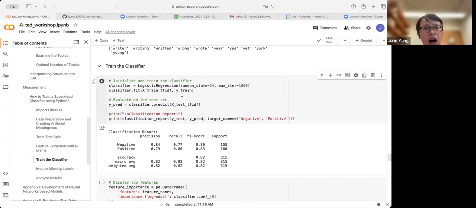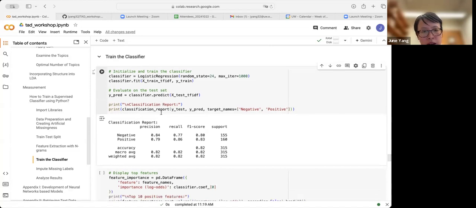But how do we evaluate the model? I'm presenting to you some pretty reliable metrics that we could use to evaluate how a model performs. With Python, with scikit-learn, logistic regression, and all the machine learning models, a classification report is automatically calculated and presented to us.